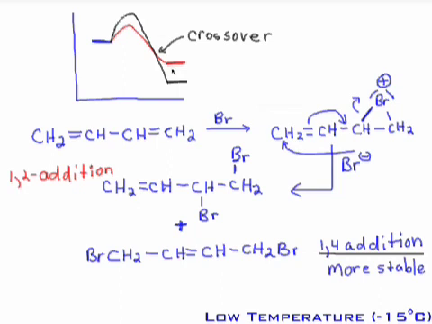The reaction's kinetically controlled and the 1,2 addition product predominates. If I check minus 15 degrees, the species that predominates is B, 54%. So this tells me that B is my 1,2 addition product.